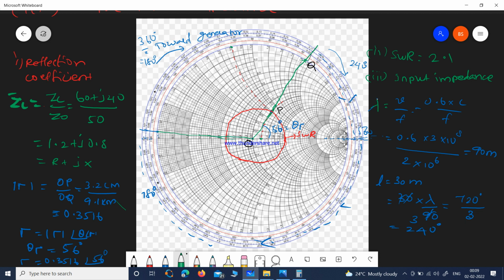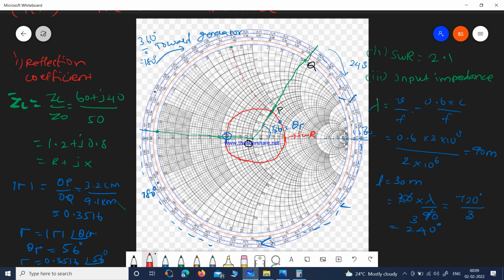Okay, at this point, now we want to find the input impedance. So we know that input impedance is the point where this circle meets that point, you need to take down. So if you see this point is met, right? You need to find the corresponding resistance value here.